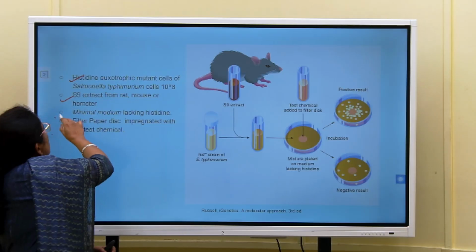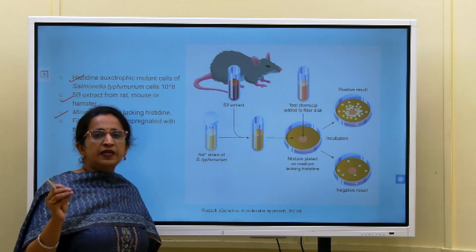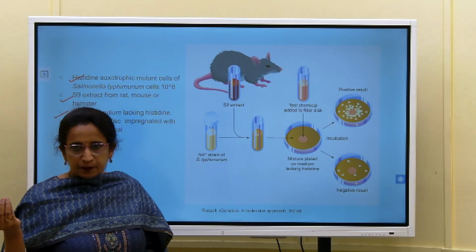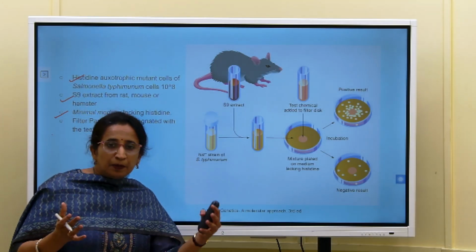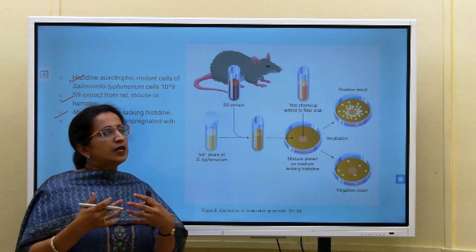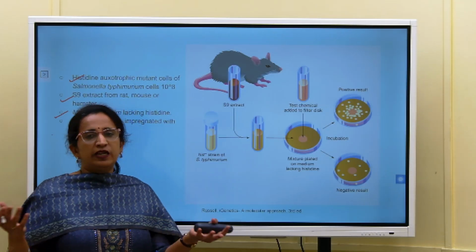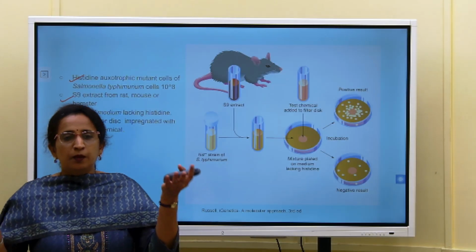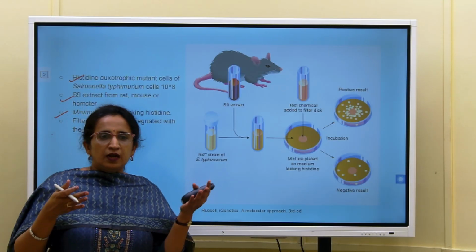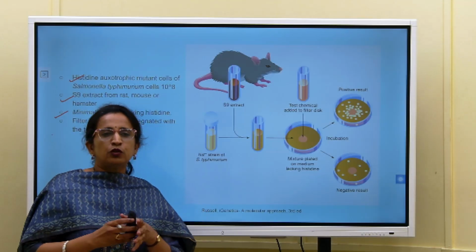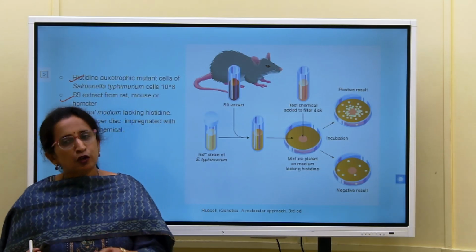Third, we require a minimal medium which lacks histidine. Now, you have complete media like nutrient agar, which contain all kinds of nutrients, allowing all types of organisms to grow. Minimal media will lack something because of which some particular type of organisms will not grow.